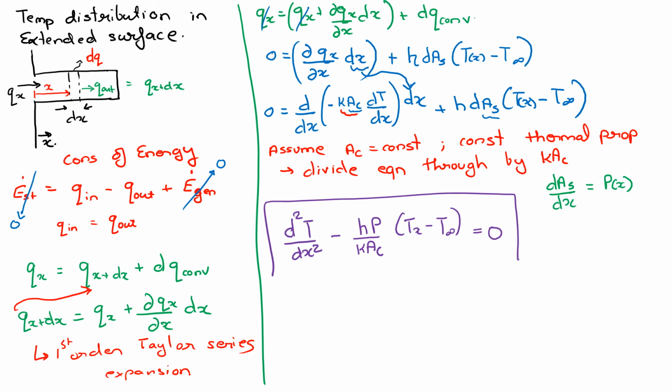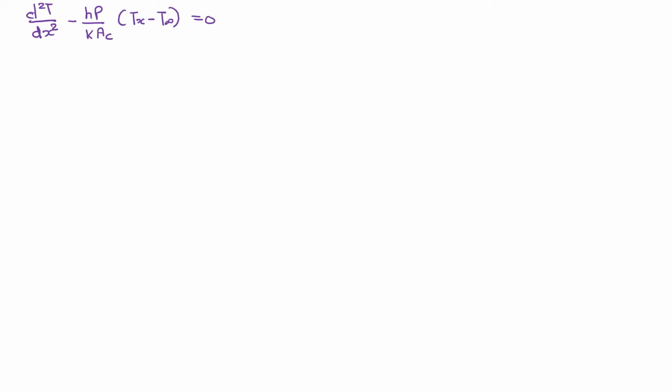So this is the second order differential equation that we have if we have a cylindrical fin, and to find the temperature distribution we need to solve this second order differential equation.